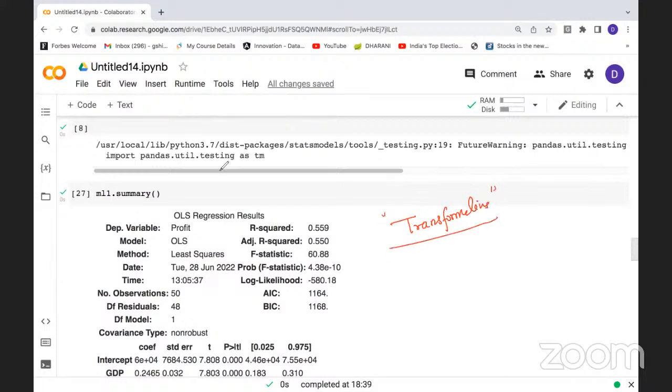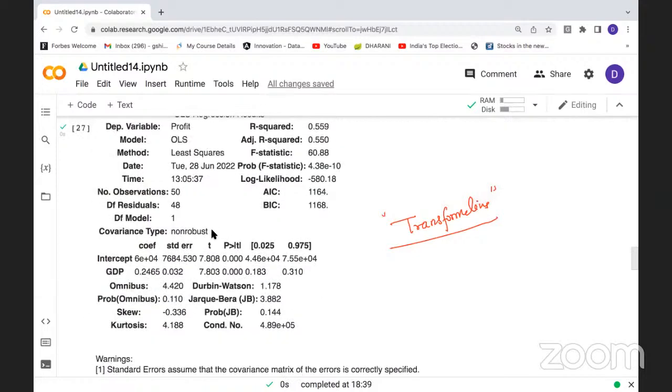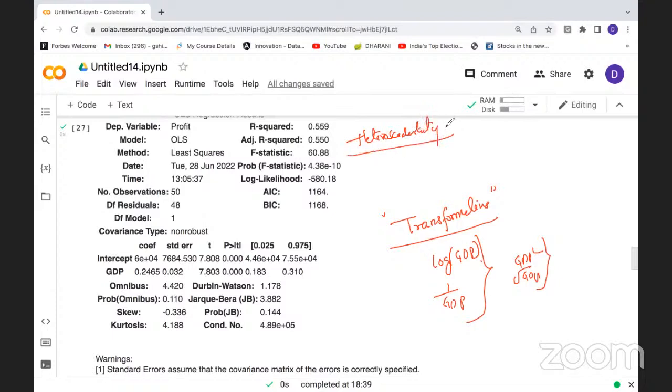We have to collect it from various resources. So apply transformations here. What will happen? I can make it into log of GDP, reciprocal of GDP, GDP square, or square root of GDP. All these transformations I do, if at all I have a heteroscedasticity problem.